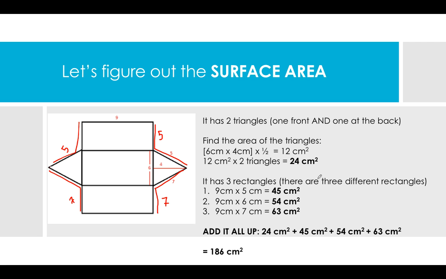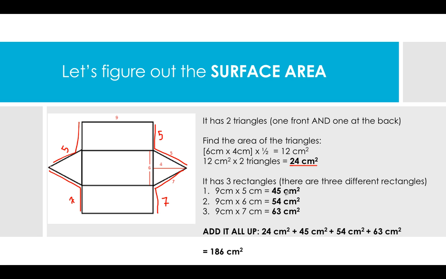Now there are 3 rectangles, and we know that all of these are different. So I just numbered them off so you could see the difference between all of them. So the first one is 9 times 5, add units, 9 times 6, add units, 9 times 7, add units. I have them all here. Then you add it all up.